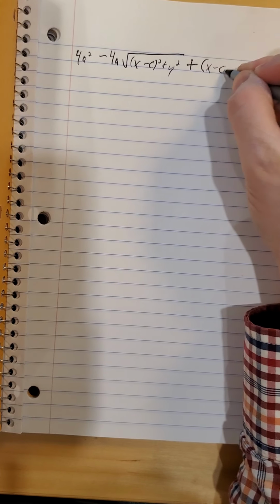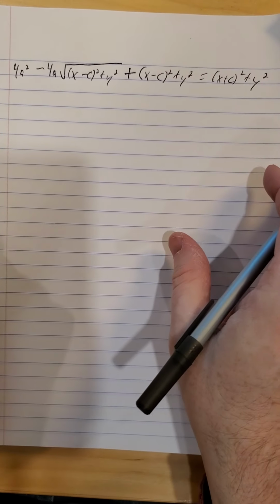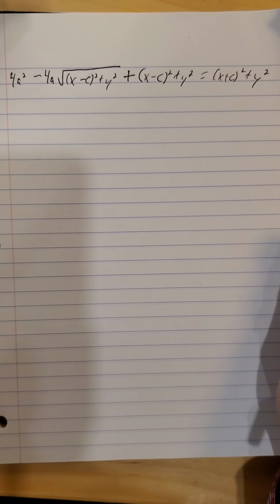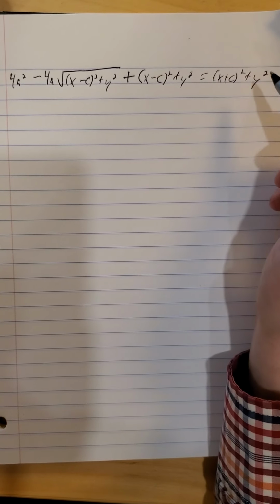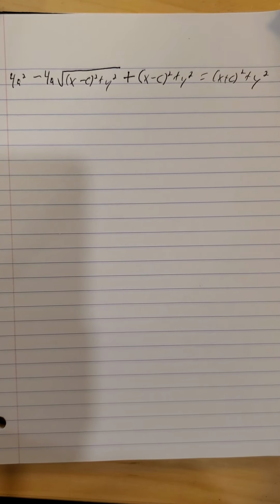So we have (x minus c) squared plus y squared. And on the right side, we square a square root, so we have (x plus c) squared plus y squared. Alright, let's expand these two.